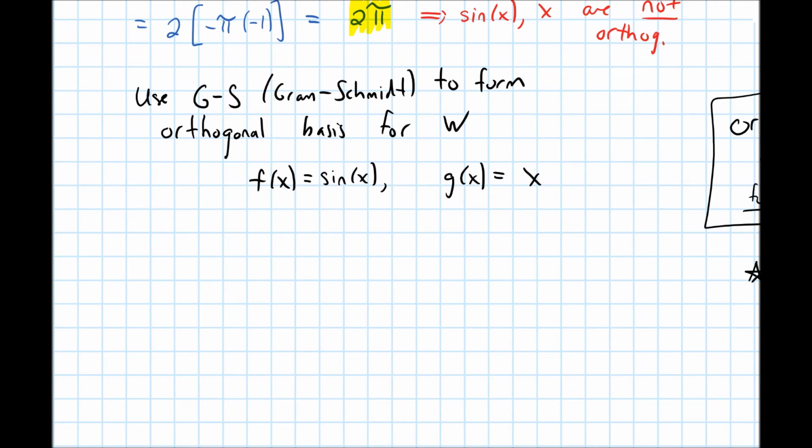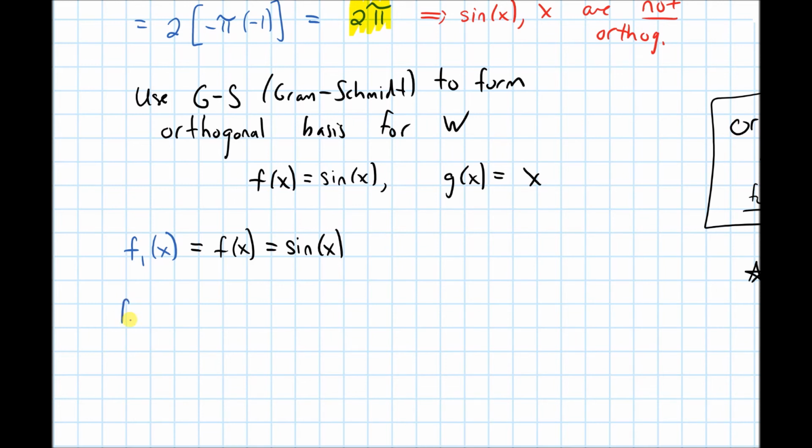With functions here, I'll call them f1 and f2, and so on. So f1 of x, using Gram-Schmidt, is just our first function, which is f of x. And that's going to be just sine x. So it starts off simple like that. The first orthogonal function is just going to be my first function in my linearly independent set.